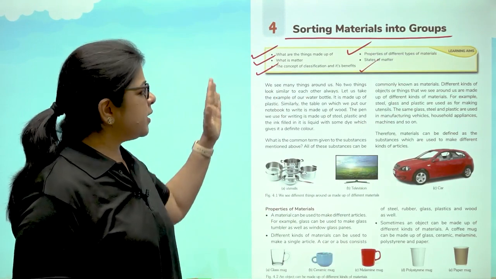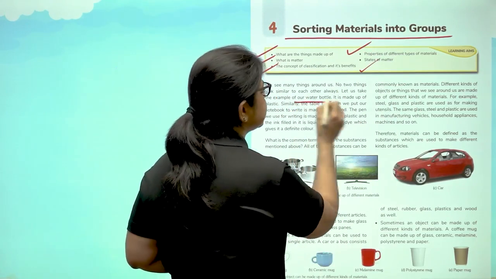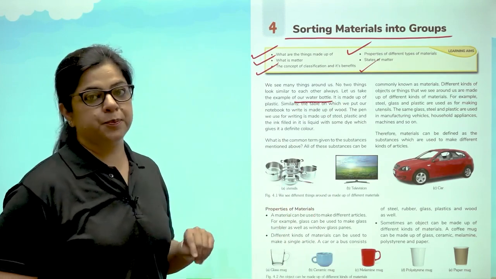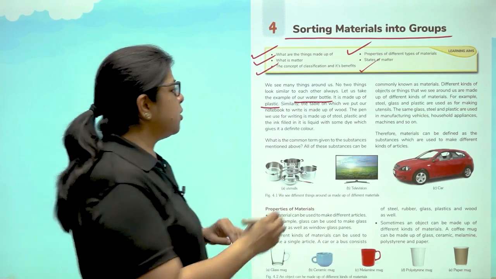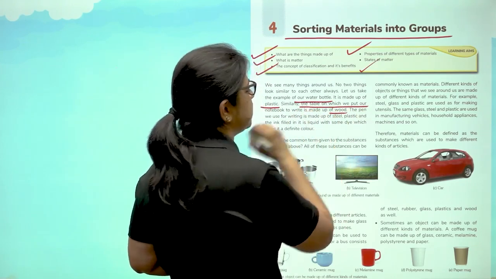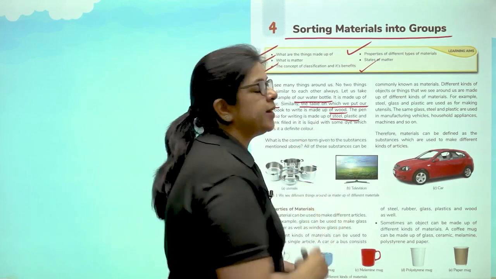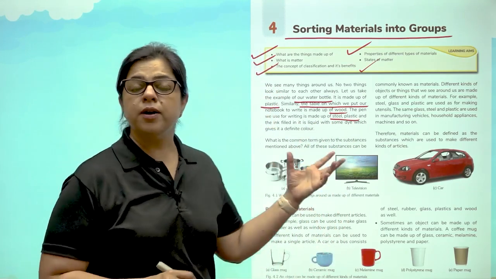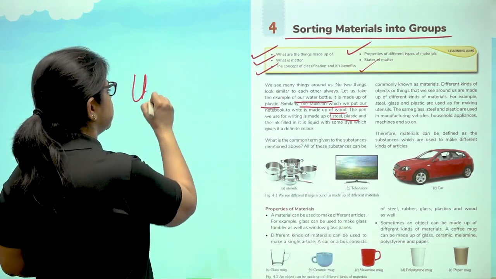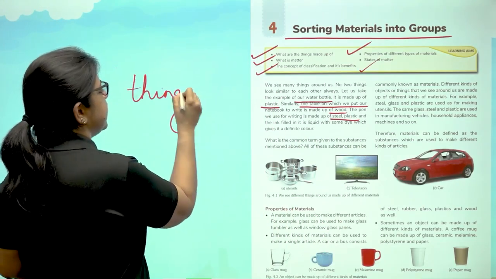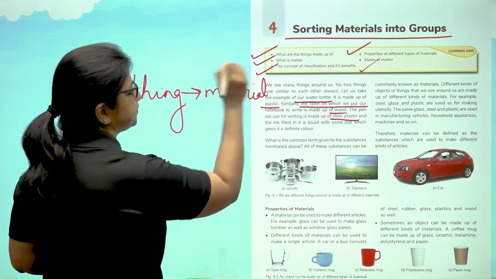So children, your book states a beautiful example. So let's take an example of our water bottle. It is made up of plastic and the table on which we put our notebook is made of wood. The pen which is used for writing is made of either steel or plastic. So that means everything around us is made of a different material.